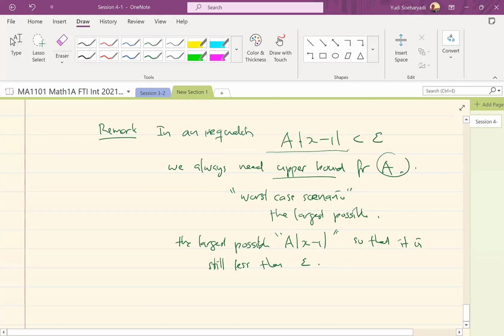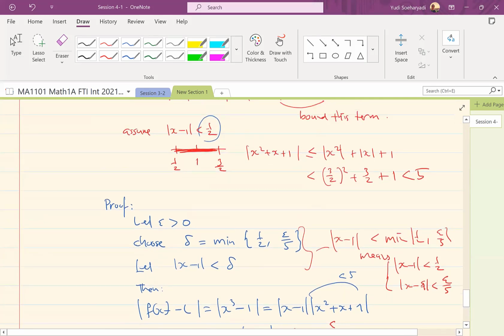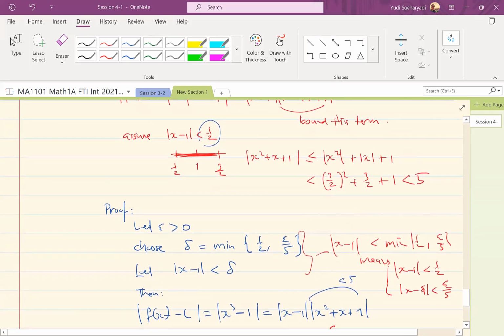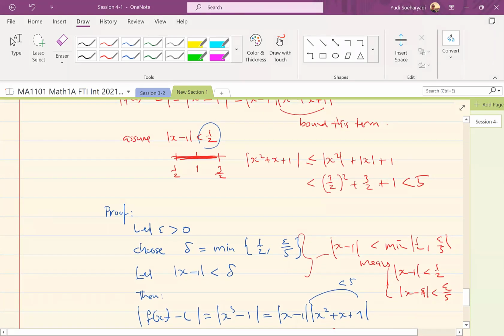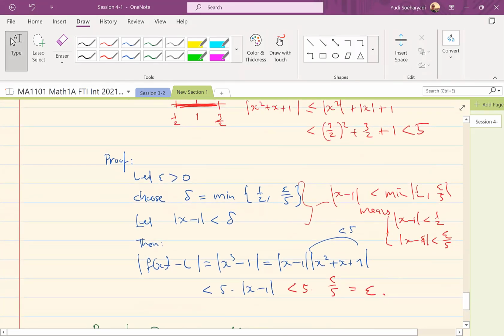Okay. Thank you, sir. Sir, I have a question. Yes, sure. For the last part, it's less than 5 times absolute value of x minus 1, less than 5 times epsilon over 5. I don't understand the less than 5 times epsilon over 5. How do you get that? All right, up to this one, is it okay? Yes.